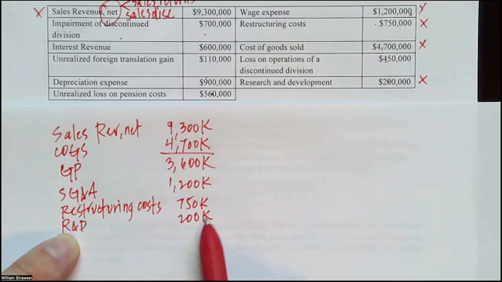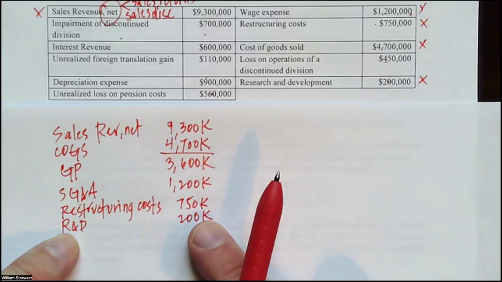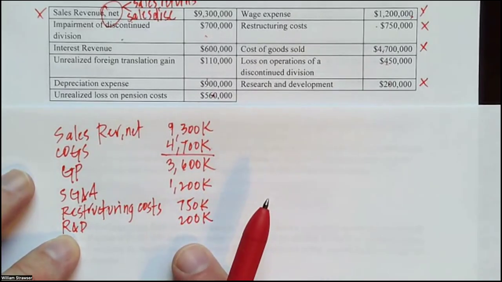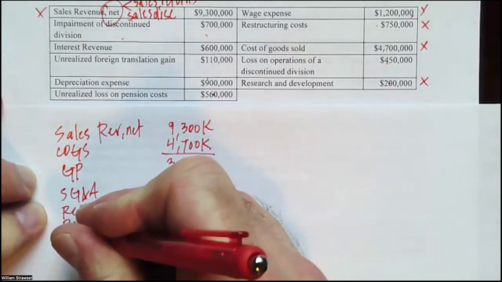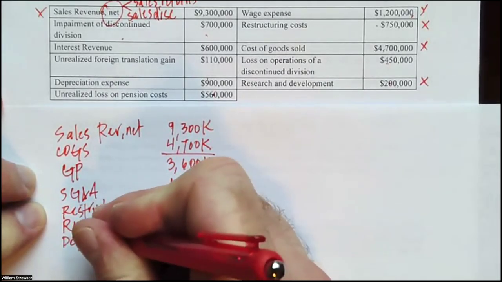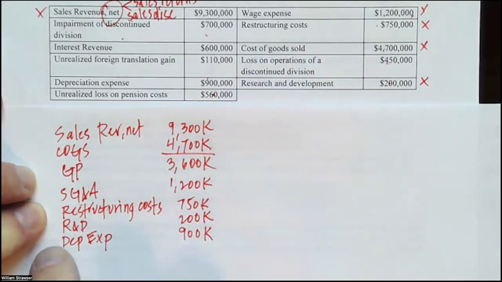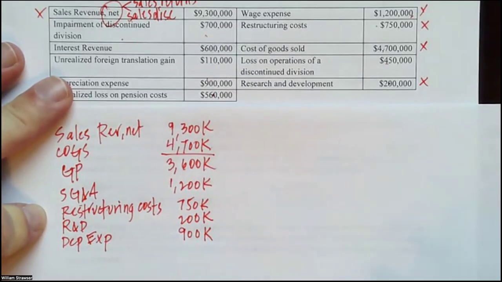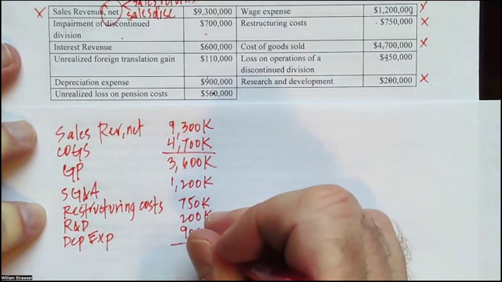So this $200 for investors and stock analysts is much more like an asset than it is an expense, even though we're listing it as an expense and even though US GAAP defines it as an expense. Depreciation expense, I don't have the amortization tagged. Again, separately disclosed from SG&A, usually so analysts can back this out to form EBITDA, and they employ that in a lot of their valuation models.